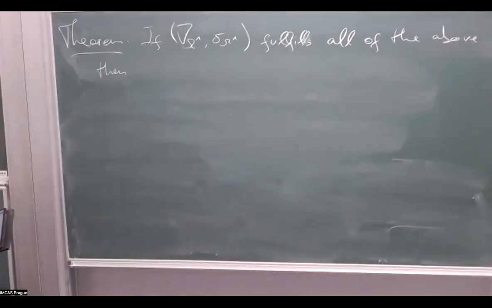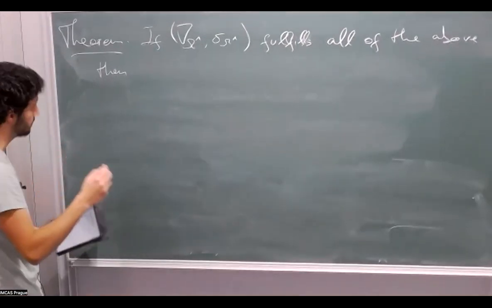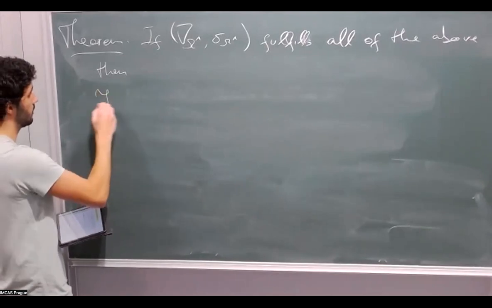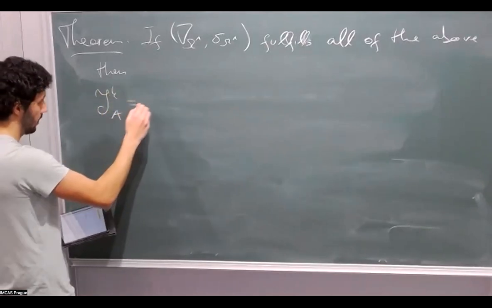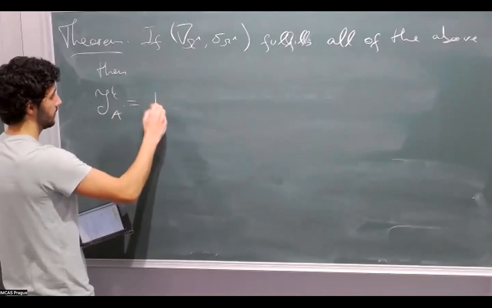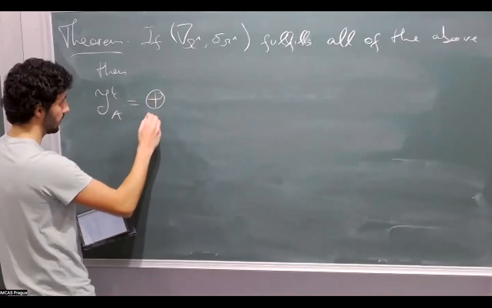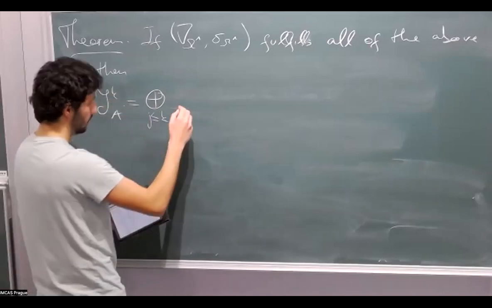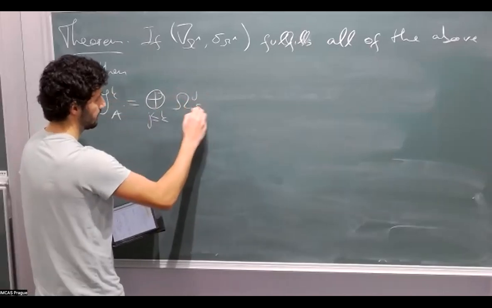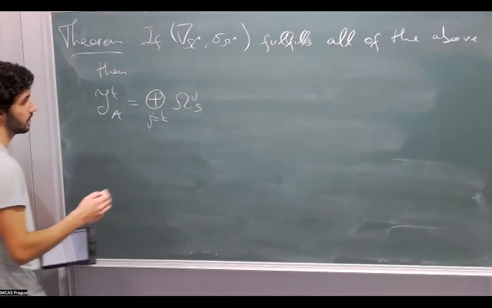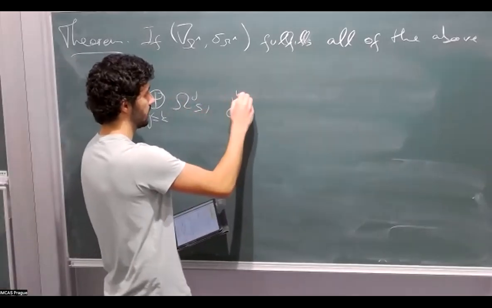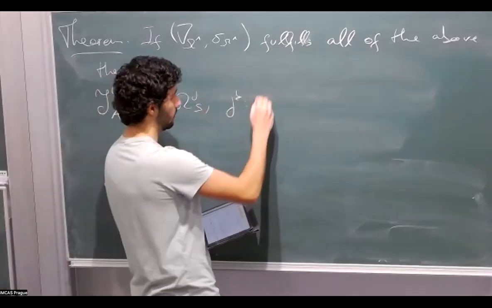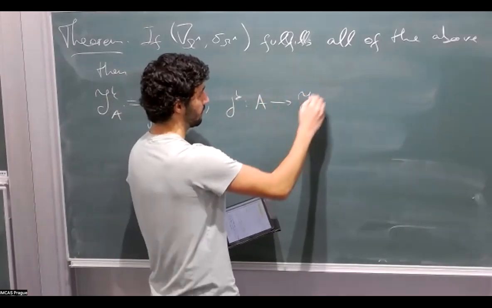Okay, so now what we can do, we define the jet bundle as the bimodule itself. So here we can just take the sum for j smaller than k, so the kth order jet bundle of omega j's. And we can take the jet prolongation map, j^k, going from A to the kth order jet bundle.